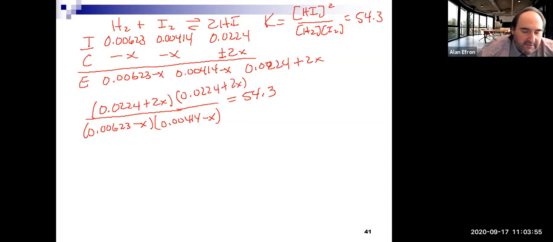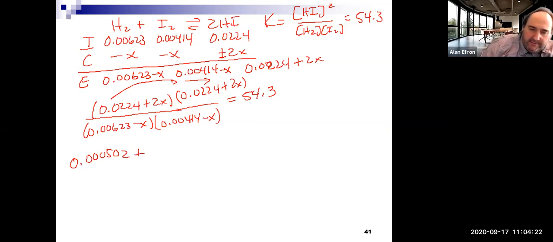All right, so obviously you need to kind of FOIL both sides and all that good stuff. So let me do the top one first there. So we're going to take 0.0224 and times it by 0.0224. And that is going to give me 0.000502. That is going to be plus 2 times 0.0224.